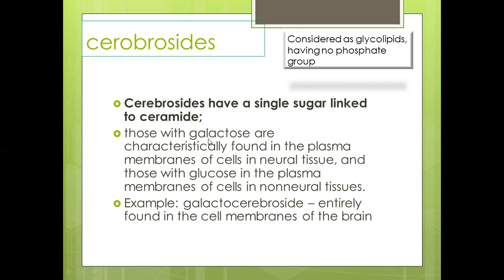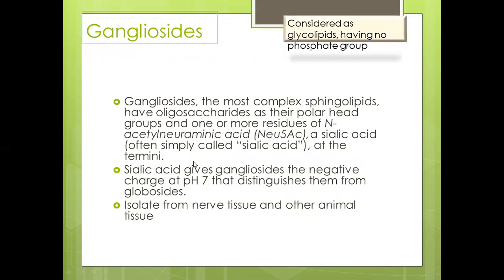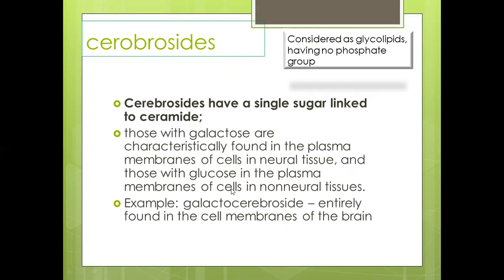Because you need to have glucose in the neural and the tissues of your brain, okay? In the non-neural and the neural tissues of your brain. So katong in the neural tissue of the brain, the plasma membranes of cells in neural tissues, you can find galactose, but sa mga non-neural tissues, you can find glucose.